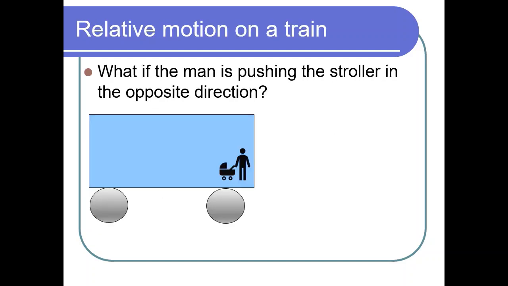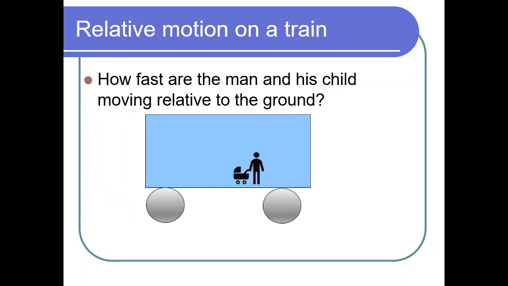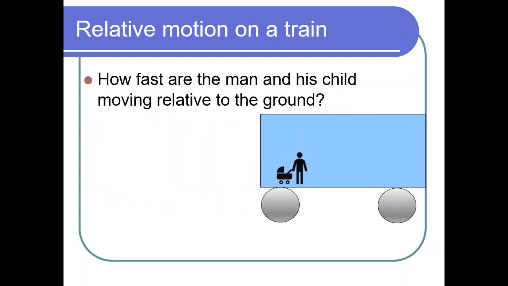Let us say, for example, what if the man is pushing the stroller in the opposite direction? Now how fast is the child moving relative to the ground? It's not that much more complicated. The man is still moving at the same speed, but in the opposite direction as the train is moving. And the train is still moving in the forward direction, as I've shown it here.